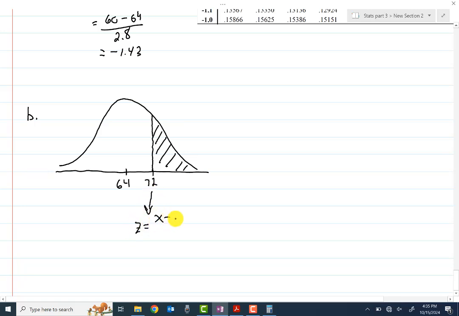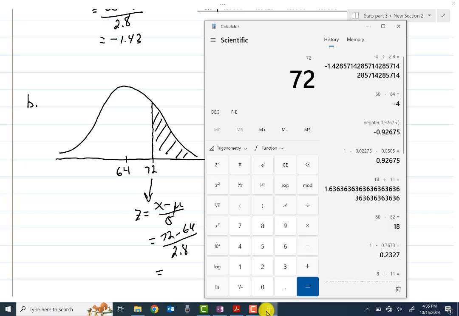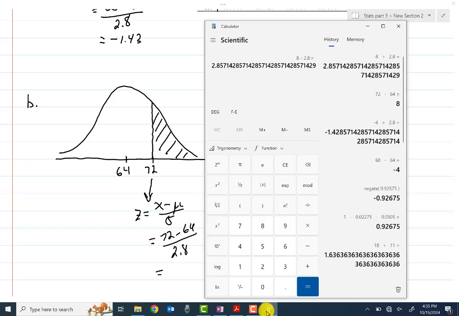Z equals x minus mu over sigma. The x in this case is 72. The mu is 64. And sigma was 2.8, I believe. I'm going to have to go with 2.86 to 2 decimal places.